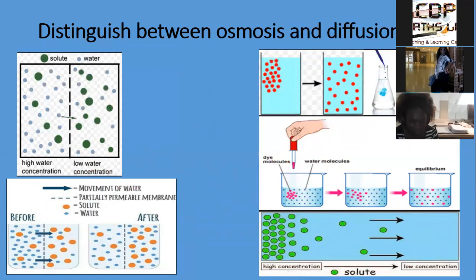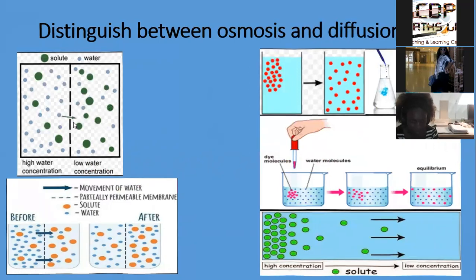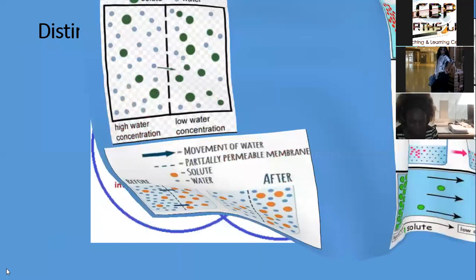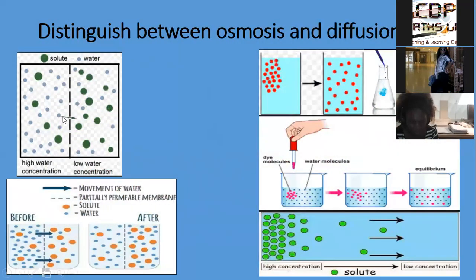So if this arrow is indicating direction, what is it suggesting? Water is going over to the next side. Exactly. Moving water.